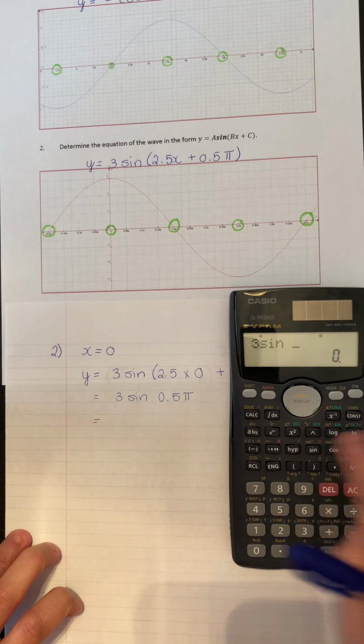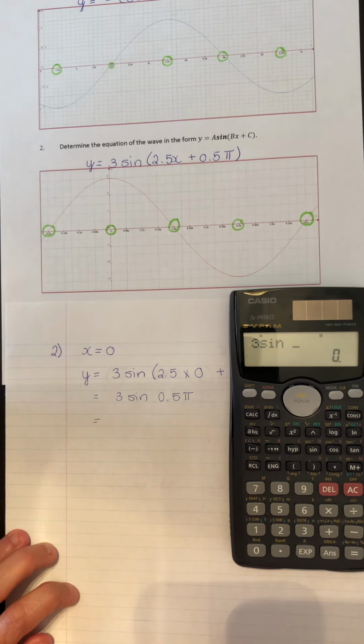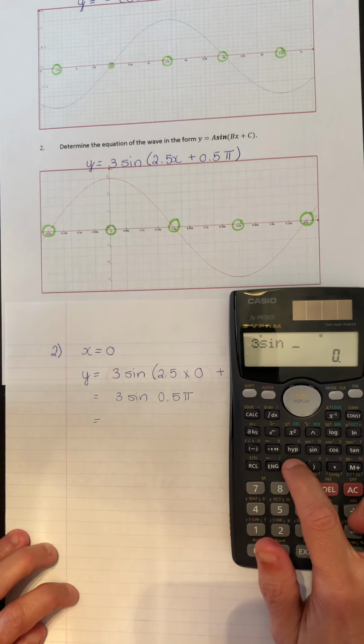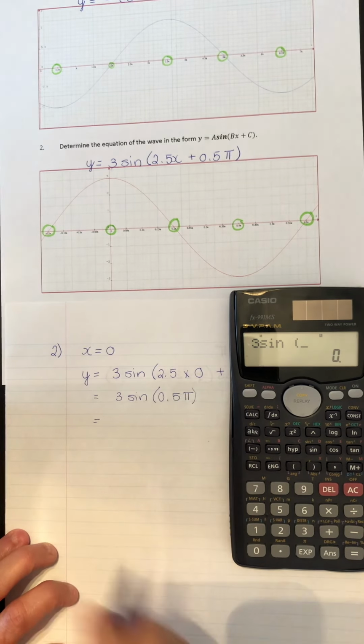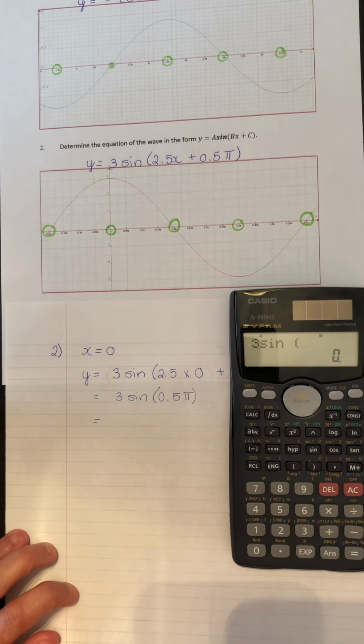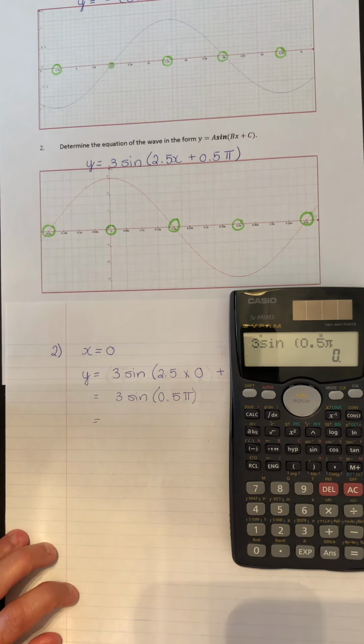3 sine 0.5 pi. I think we should put a bracket just to be safe. Okay, so inside the bracket I'll put 0.5 pi, like that. Close the bracket, push equals, and can you see that?